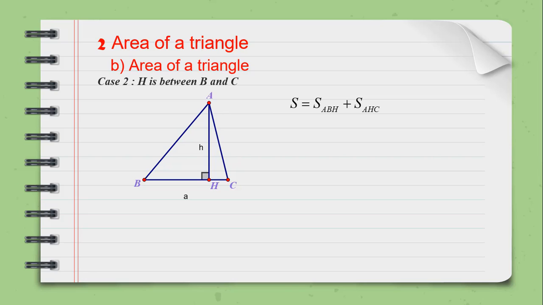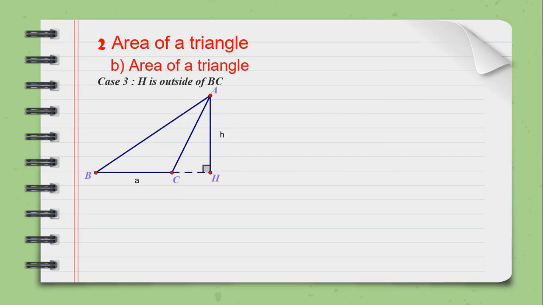Since we already know how to calculate the area of a right triangle, we have 1/2 of AH times BH plus 1/2 of AH times HC. And since BH plus HC is equal to BC, the area of the triangle ABC will be equal to 1/2 of AH times BC, which is equal to 1/2 of A times H.